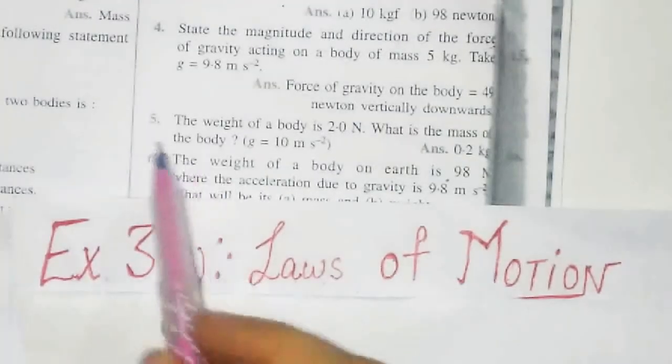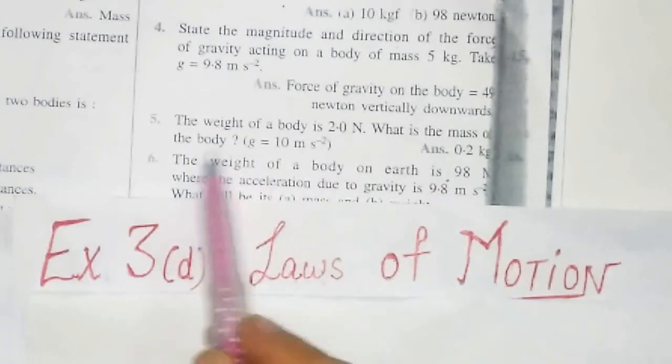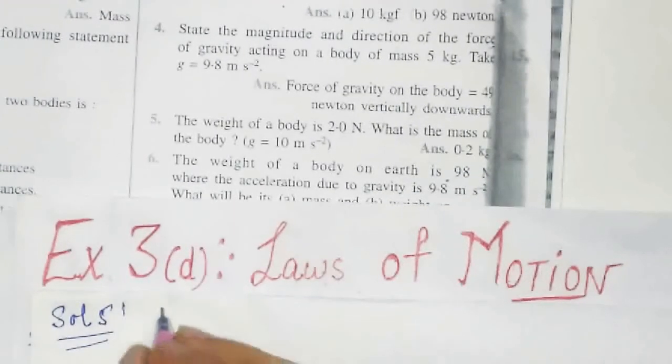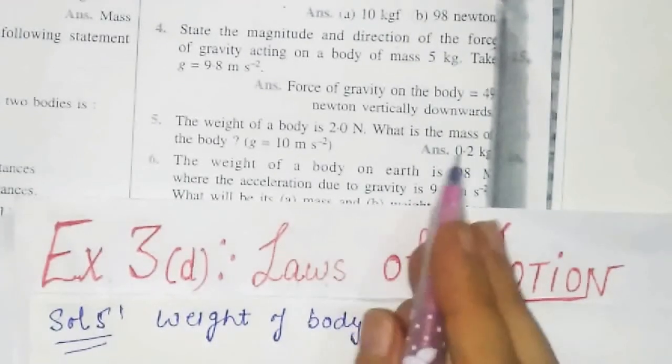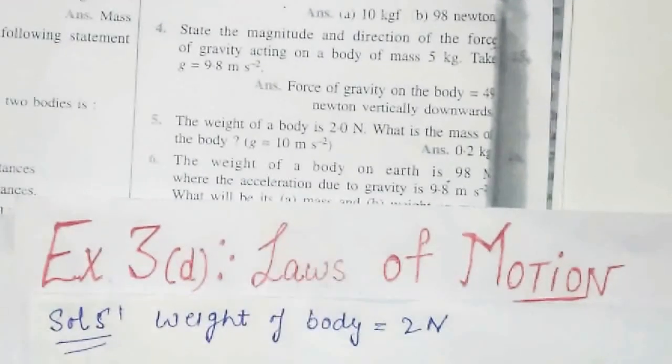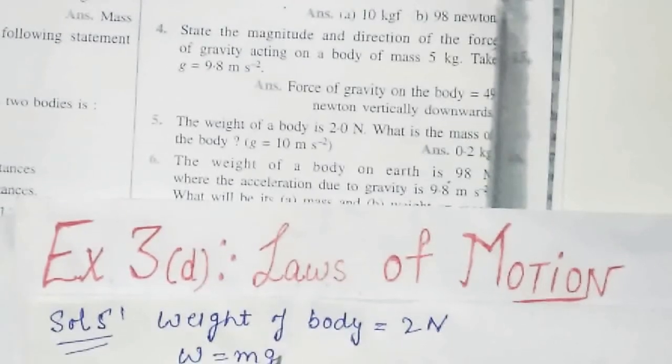Now the fifth question: the weight of a body is 2 Newton. What is the mass of the body? This is also very simple. Here we are given the weight of the body, so we can write weight is 2 Newton, and we have to find the value of mass. We know weight of body is equal to m into g.